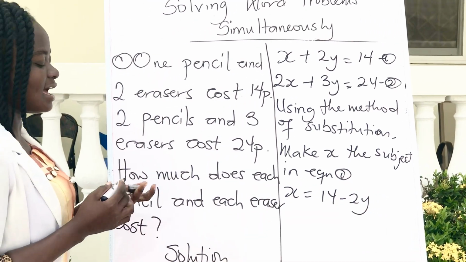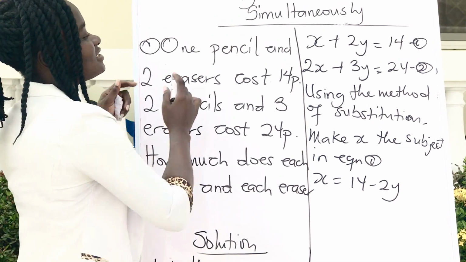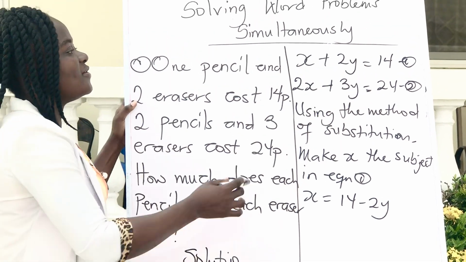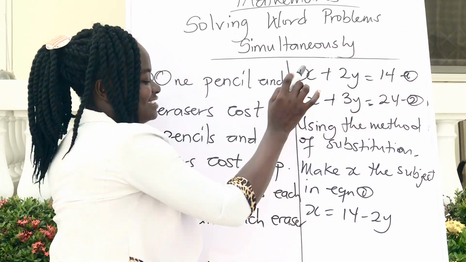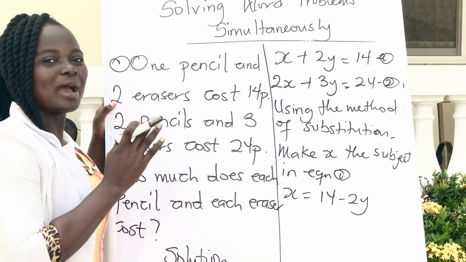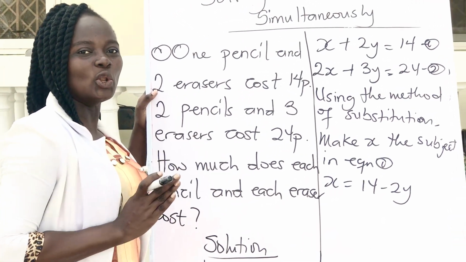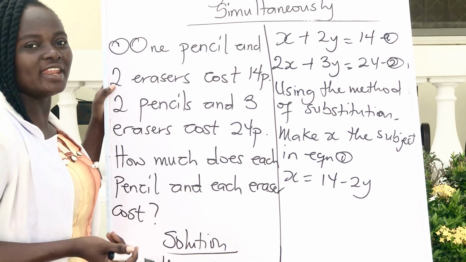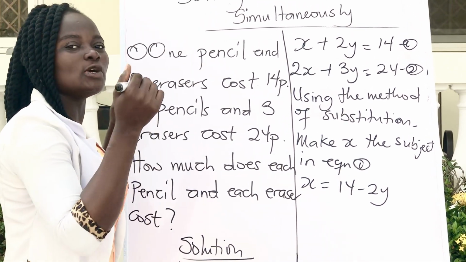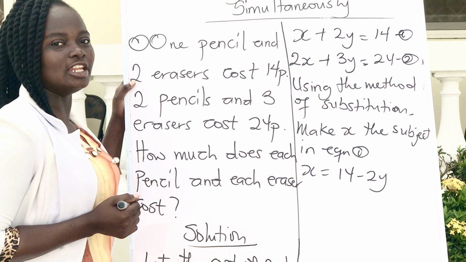So this becomes X equals 14 minus 2Y. You are making X stand alone. When you finish, you now substitute it into equation 2.